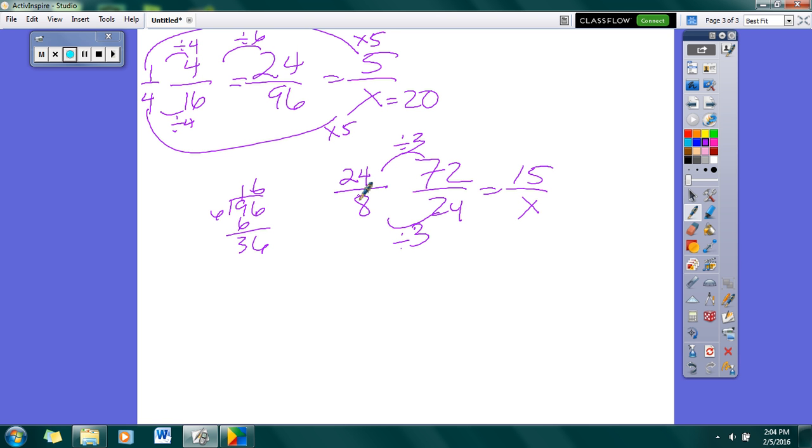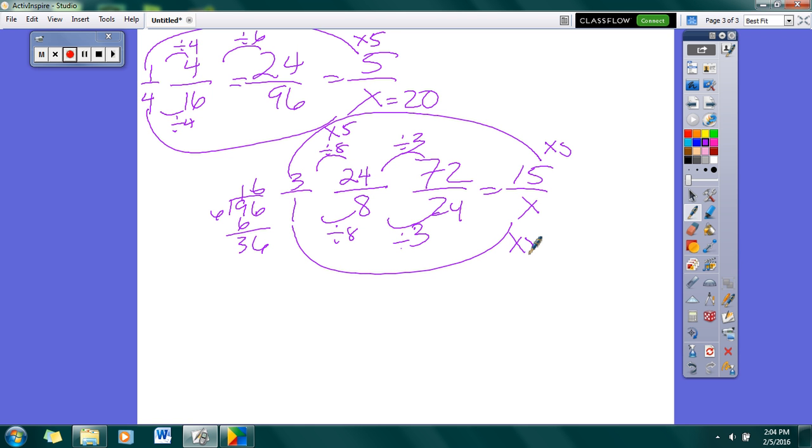And then I realize I can do it again. So 8 can go into both 24 and 8. So this is going to be 3 over 1. So to get from 3 to 15, I multiply by 5. I'm going to multiply this by 5, and x is going to be worth 5.